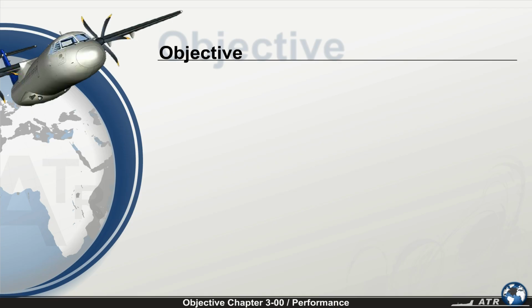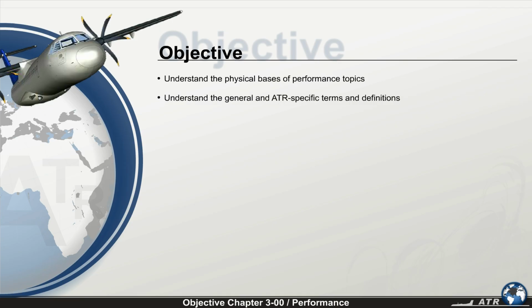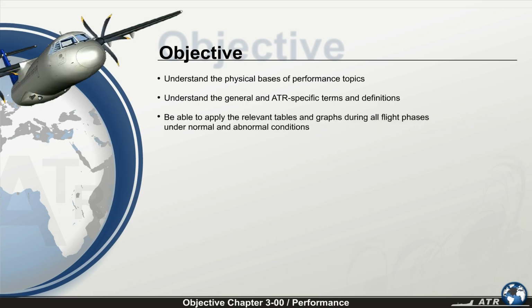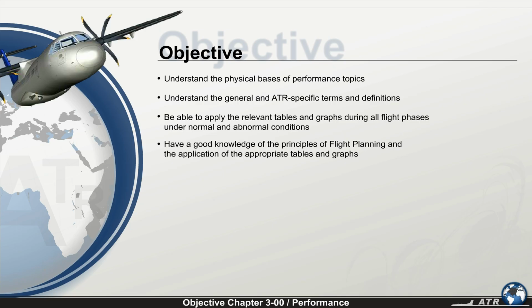At the end of this section, you'll understand the physical basis of performance topics. Understand the general and ATR-specific terms and definitions. Be able to apply the relevant tables and graphs during all phases of flight, under normal and abnormal conditions. Have a good knowledge of the principles of flight planning and the application of the appropriate tables and graphs.